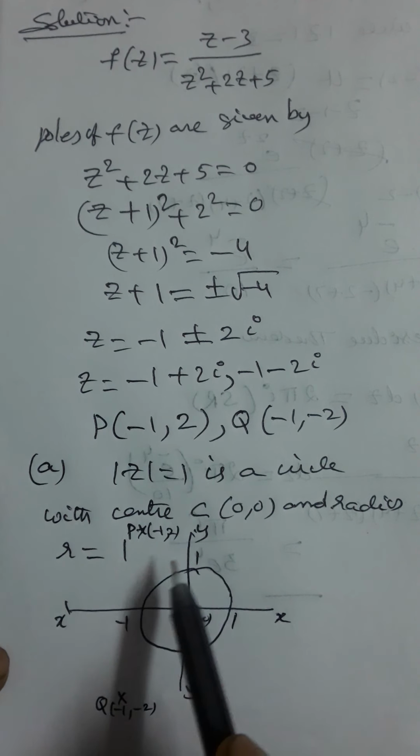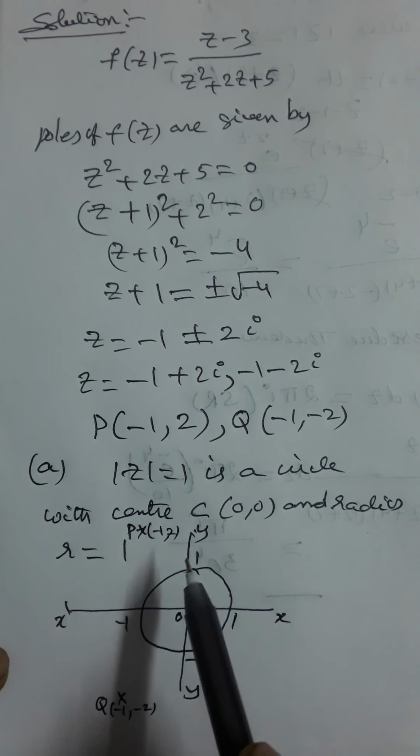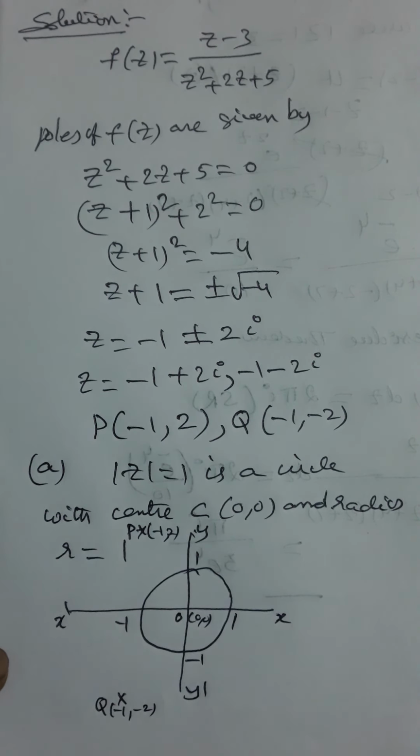Both points lie outside the circle mod z is equal to 1.